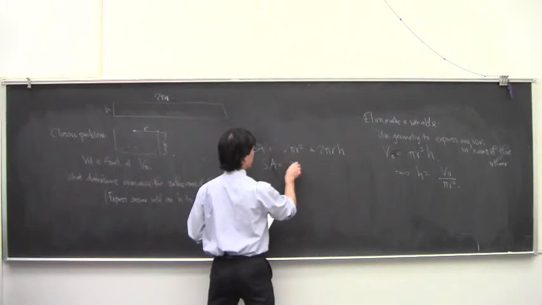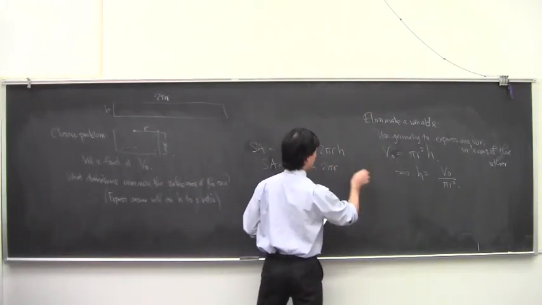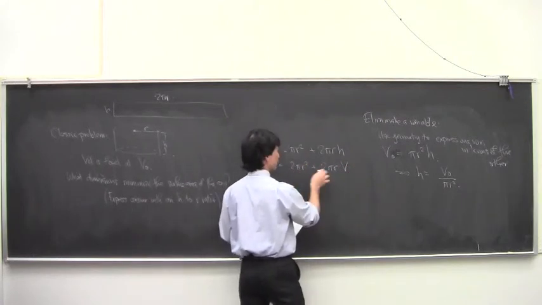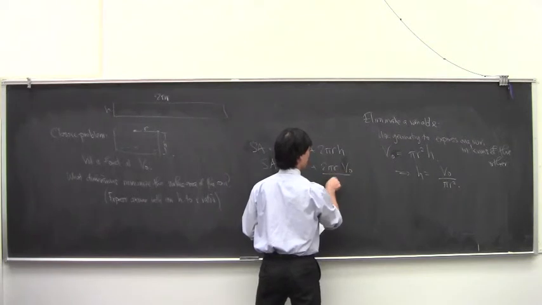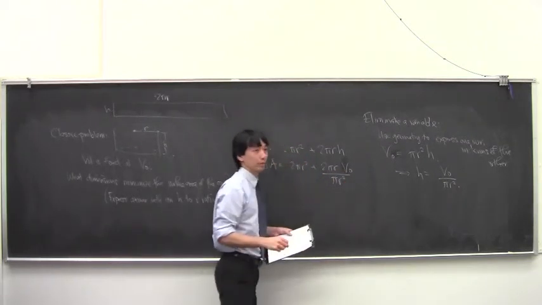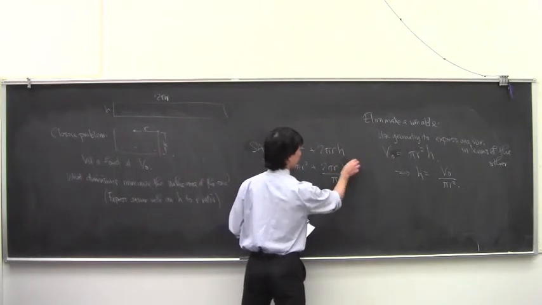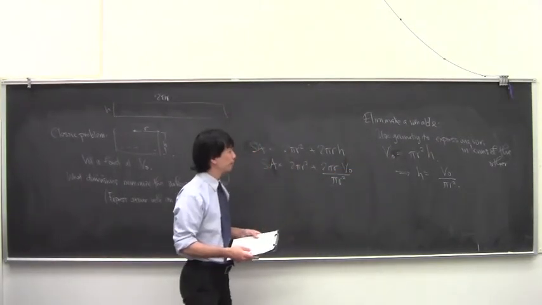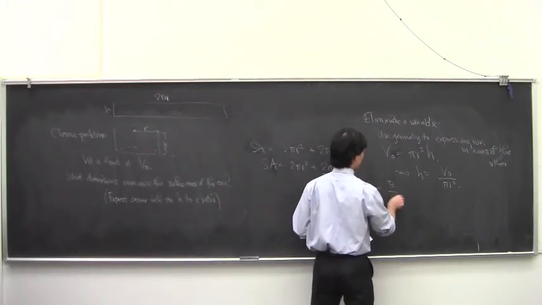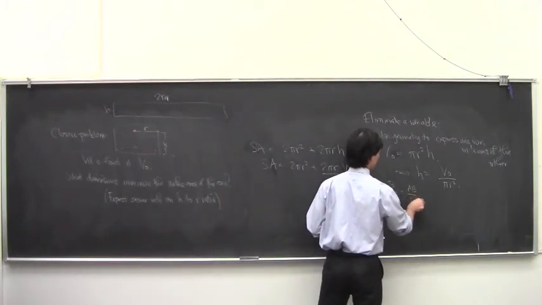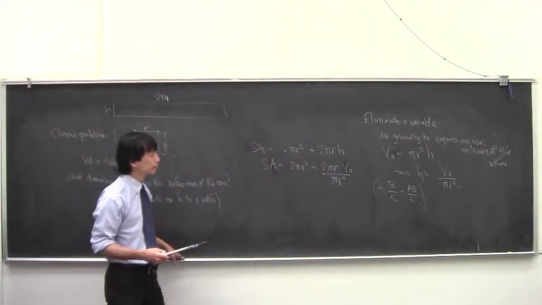Surface area is then 2 pi r squared plus 2 pi r h. I'm sorry, 2 pi r squared plus 2 pi r v naught over pi r squared. Right. When you multiply, if you have a times b over c, it's the same thing as ab over c.